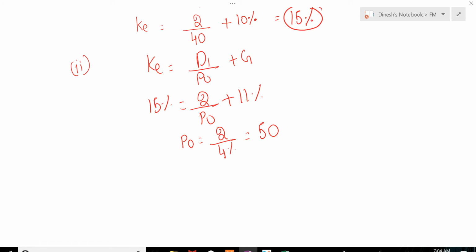It's a balancing figure. 2 by 4%, rupees 50. Any doubts on this? Clear? Can we proceed?